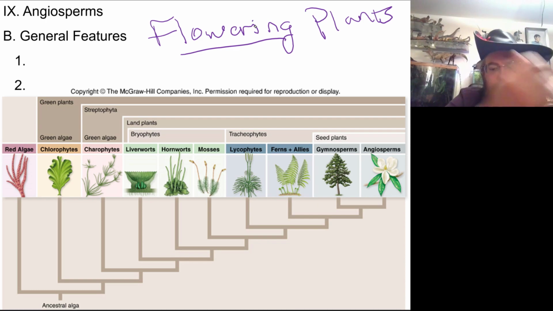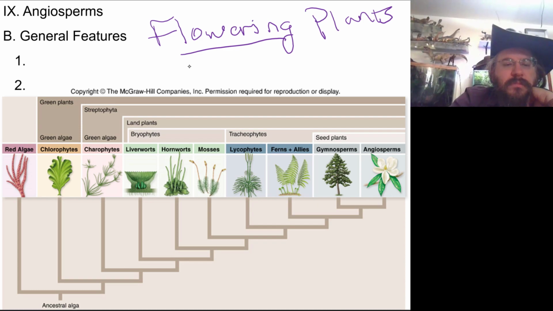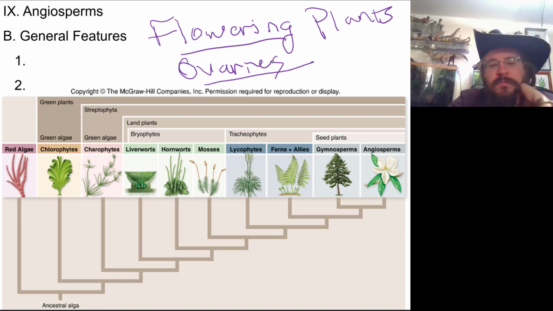2. Ovaries. Right? Diploid tissue containing all them ovules, one or more ovules.